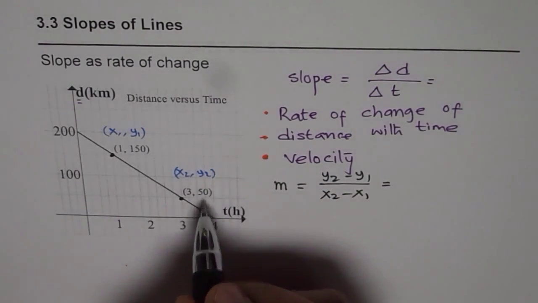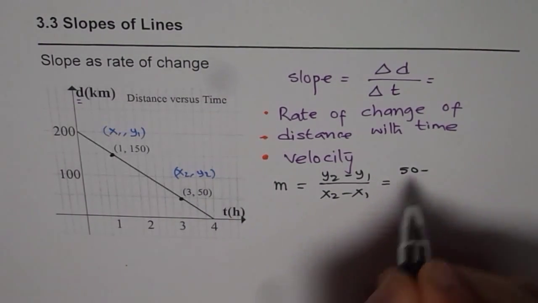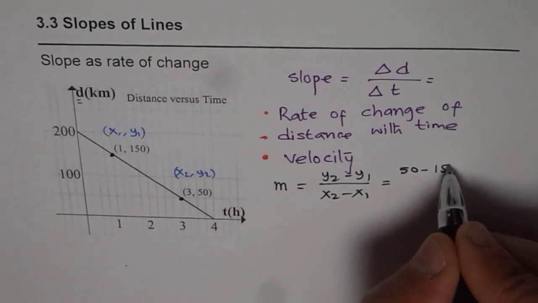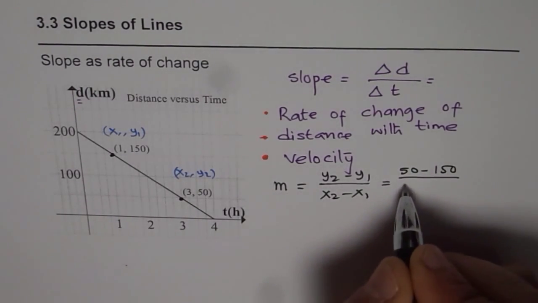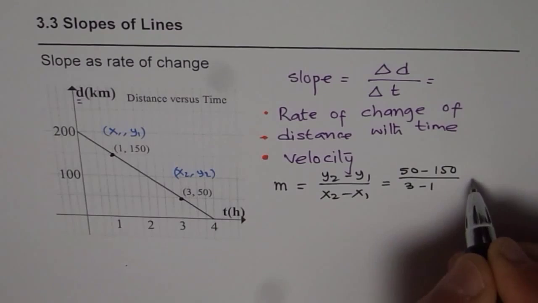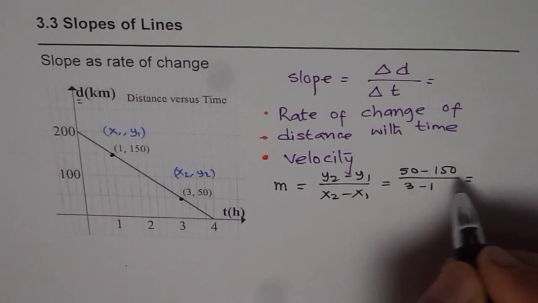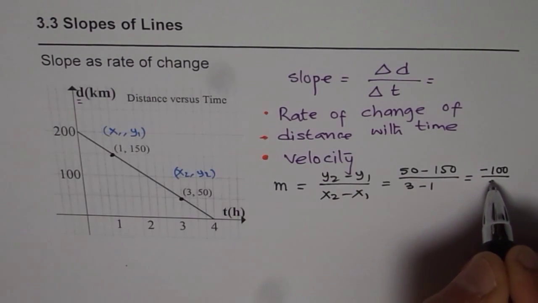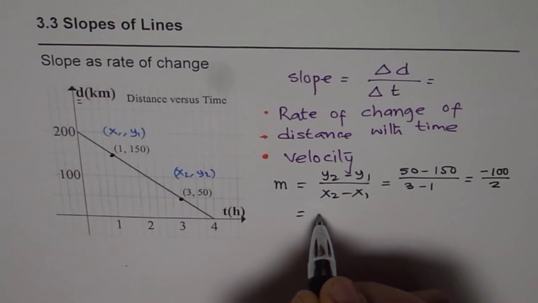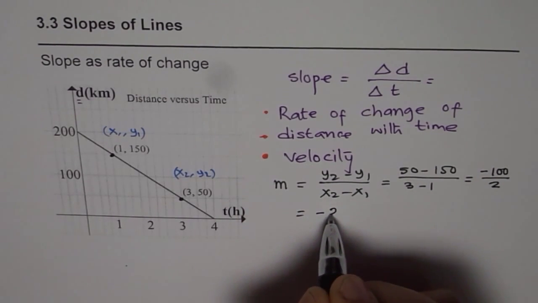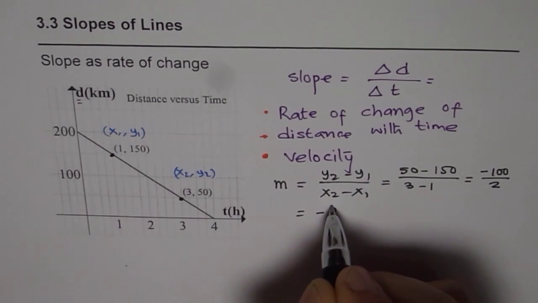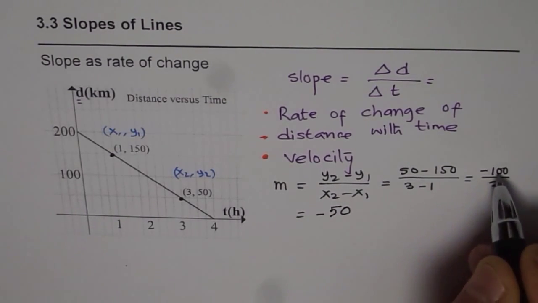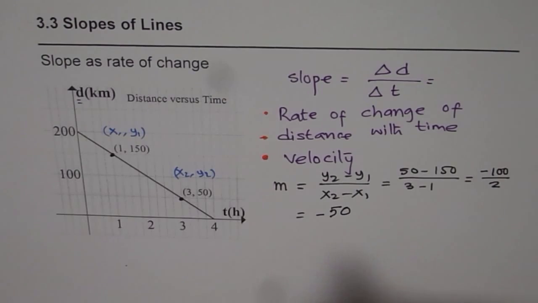So in the formula, we can substitute these values. y2 is 50 for us. We have 50 minus 150 divided by 3 minus 1. That gives us minus 100 divided by 2, and that is minus 50.